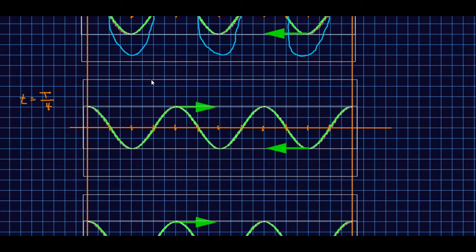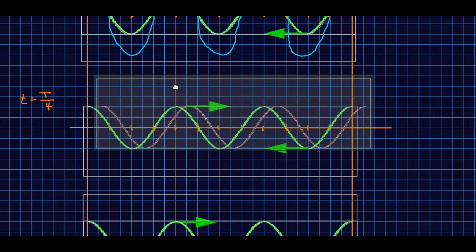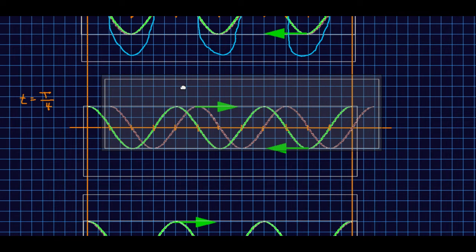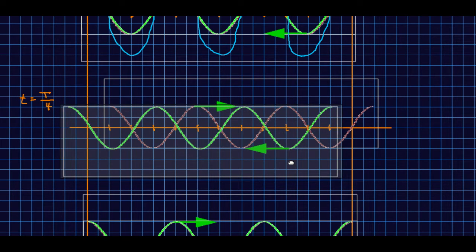So in a quarter period, it has to travel a quarter of the wavelength. And that means that this crest is going to be where this crossing is. So I'm going to move it a quarter of a wavelength this way. And similarly, I have to move the other wave a quarter of a wavelength the other way, like so.